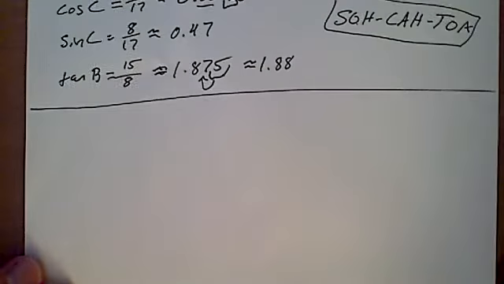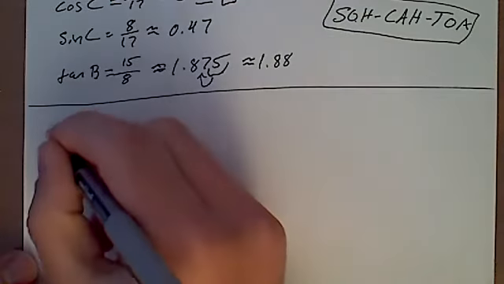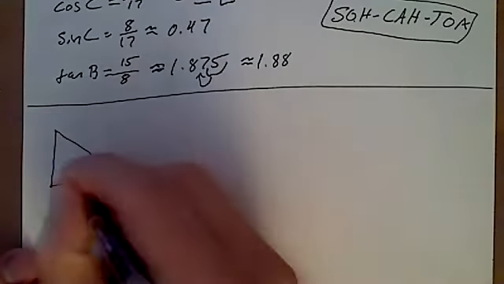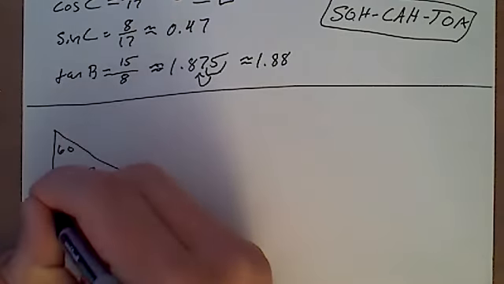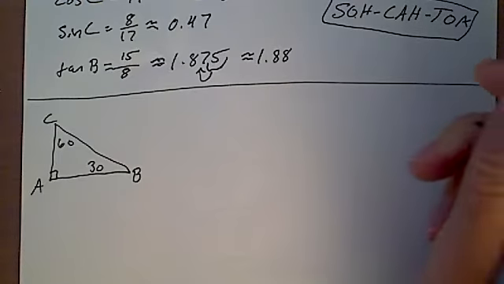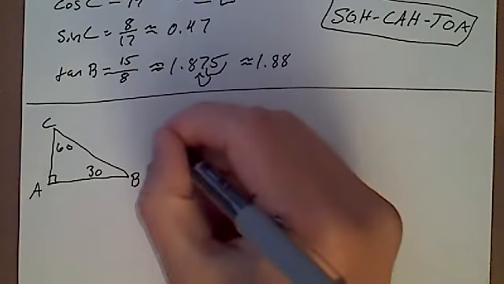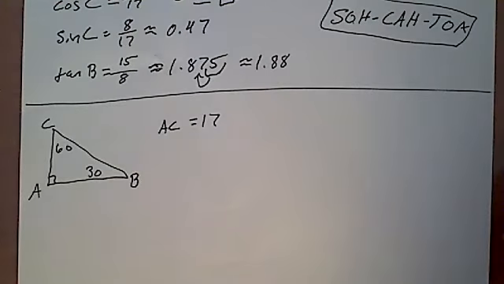The next part, this is 30, 60, 90s, and 45, 45, 90s. So you'll be given a diagram like this. And it'll say something like AC is 17.